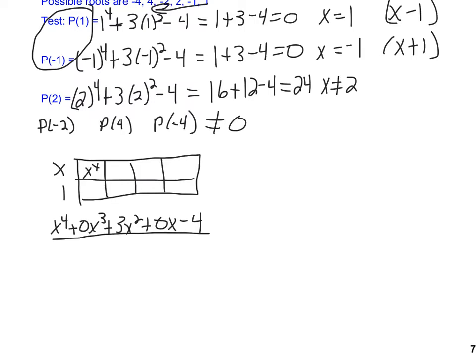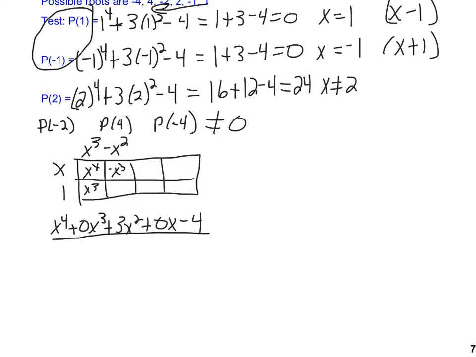Put the x to the 4th up there. This is going to be x cubed times 1 is x cubed, and I need a negative x cubed plus x cubed to give me 0x cubed, and then this is going to be a negative x squared times x gives me a negative x cubed.